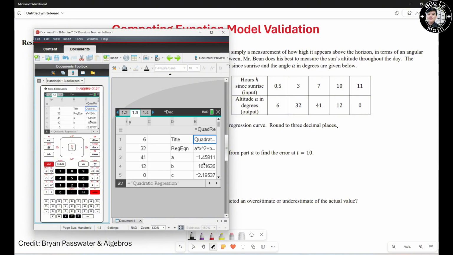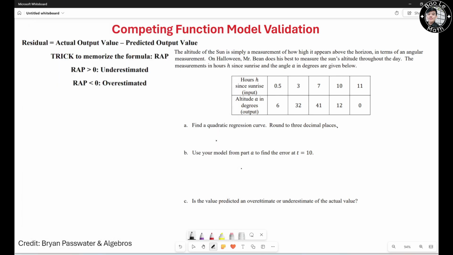So your answer should be A equals negative 1.458, B equals 16.164, and C equals negative 2.195. So this is the function A of h right here, equals negative 1.458 h squared plus 16.164 h minus 2.195.